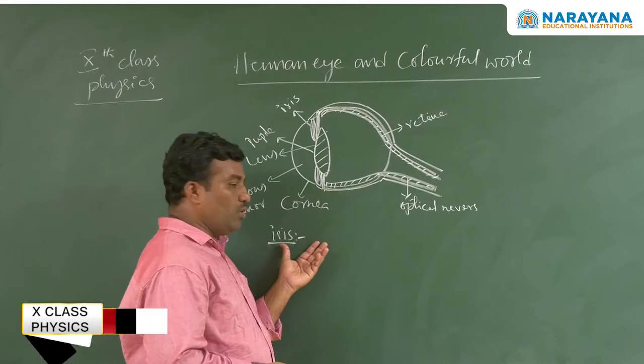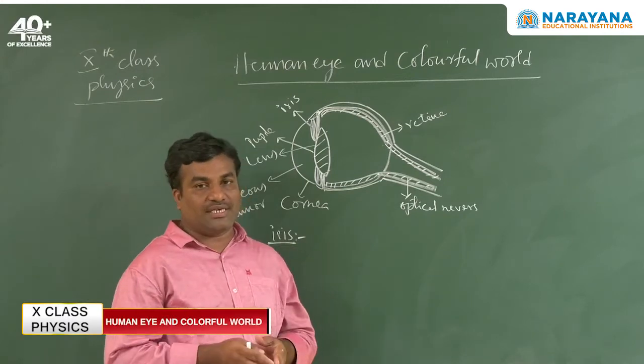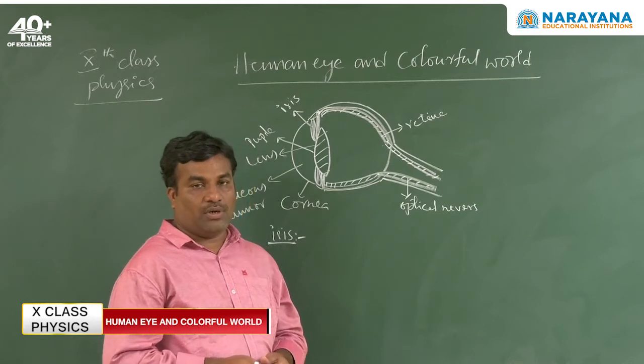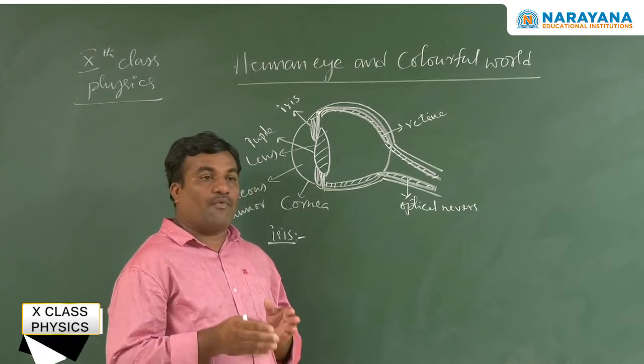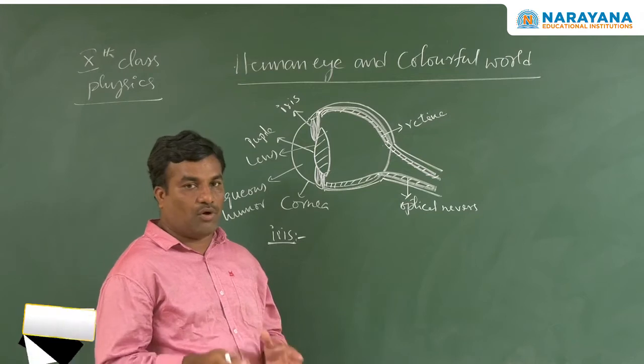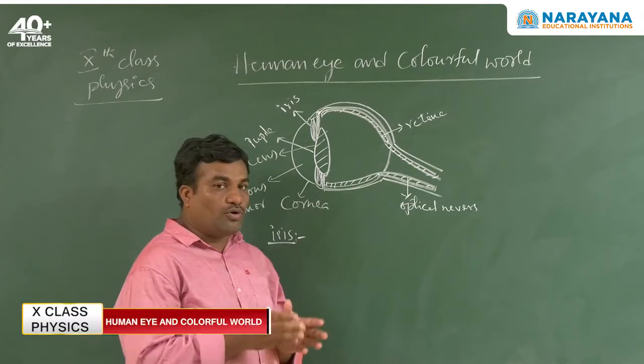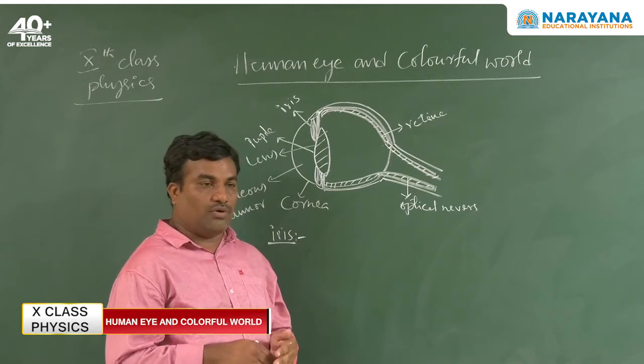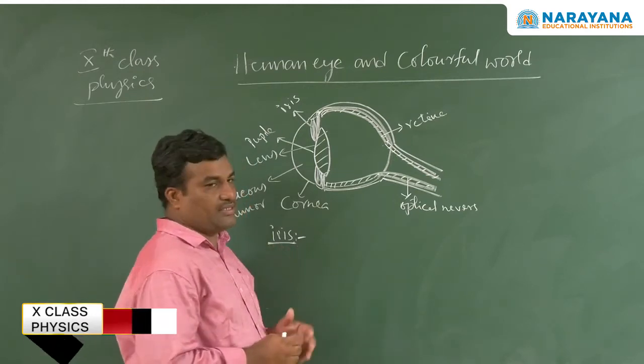So the iris controls the light intensity, higher light and lower light, by adjusting the pupil.